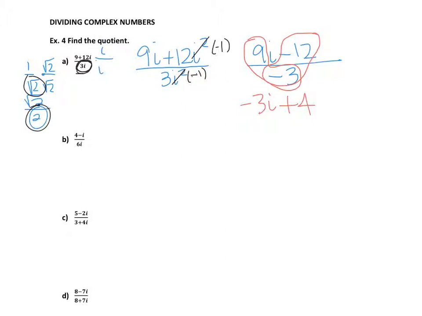Is this in A plus BI form? It's not, so what I need to do is I need to switch it. So I'm just going to switch these two, flip-flop them. 4 minus 3i. That is your final answer.